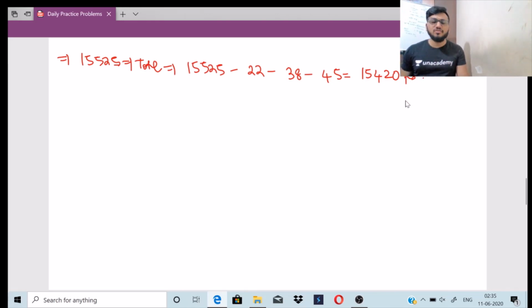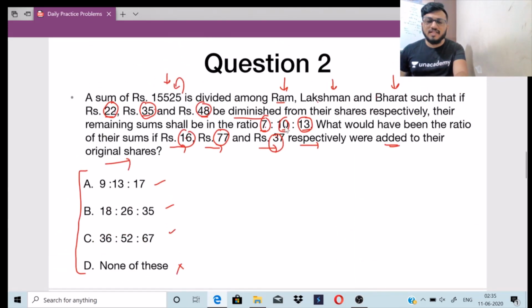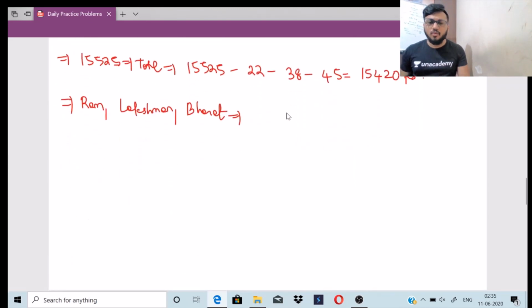In this 15,420, I have three people, Ram, Lakshman and Bharat, with the ratio 7:10:13. What is the total ratio becoming here? The total is 7 plus 10 plus 13, which is 30.